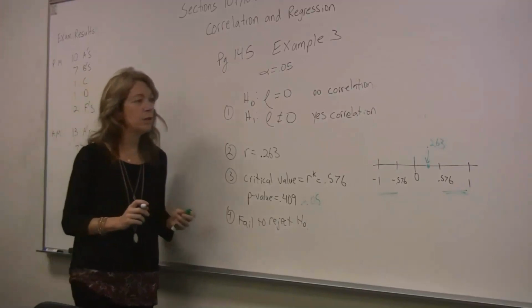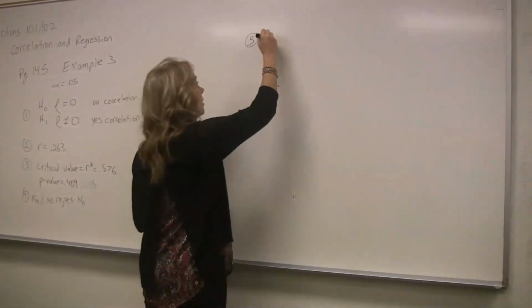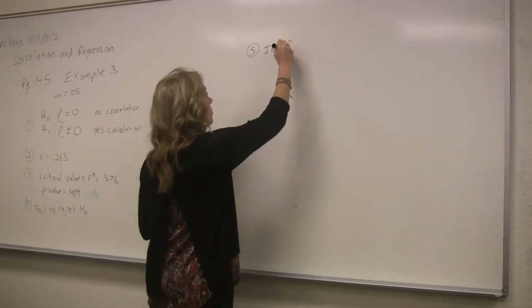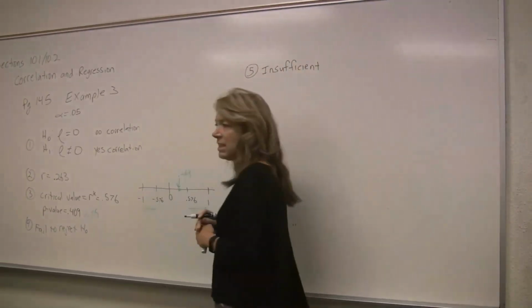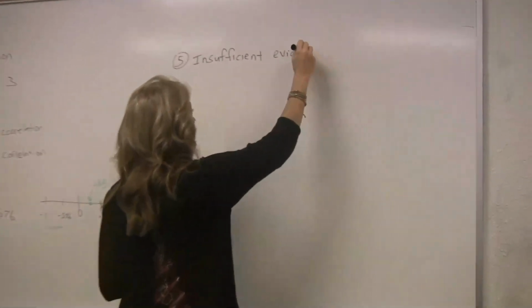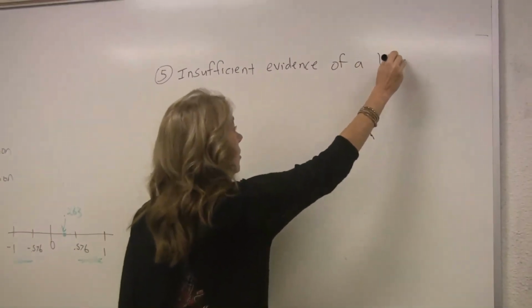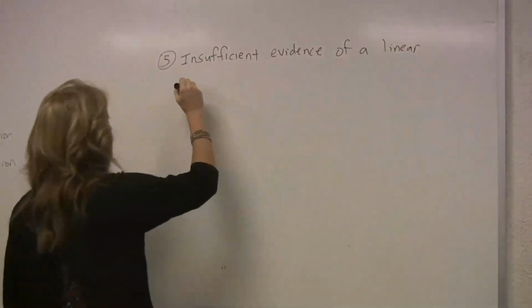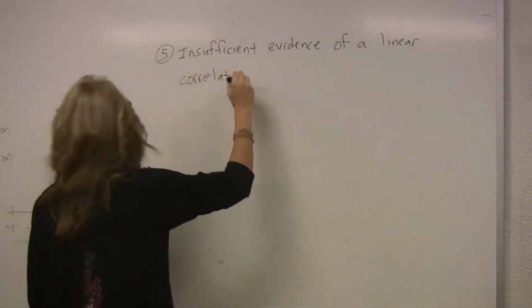What's my conclusion? Well, what does my evidence tell me about correlation or not? That's all we really need to say. Insufficient evidence of a correlation. So either you have evidence of a correlation or you don't have evidence of a correlation.